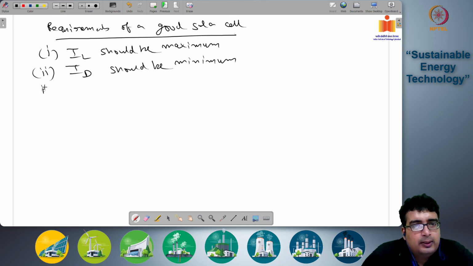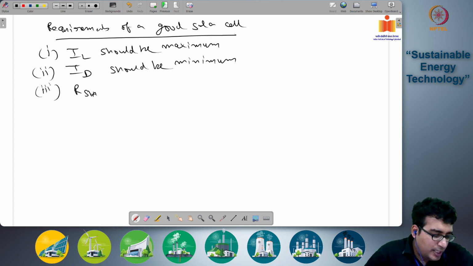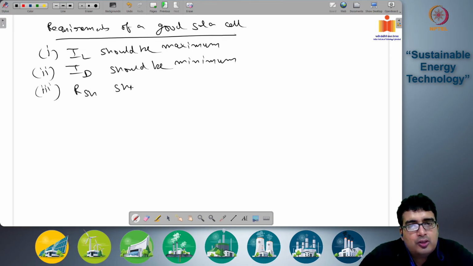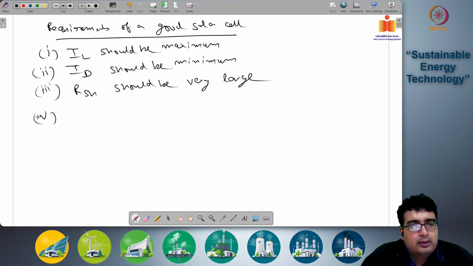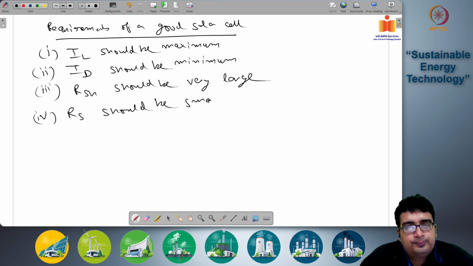The shunt resistance RSH should be very large. And number 4, RS should be small.